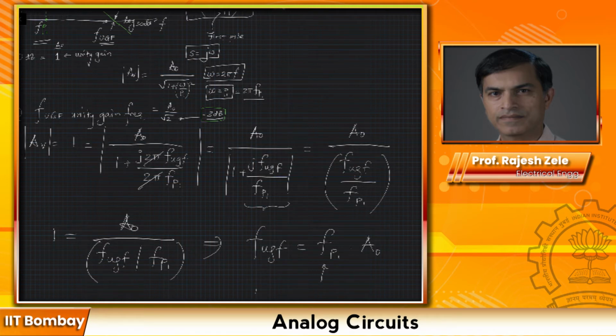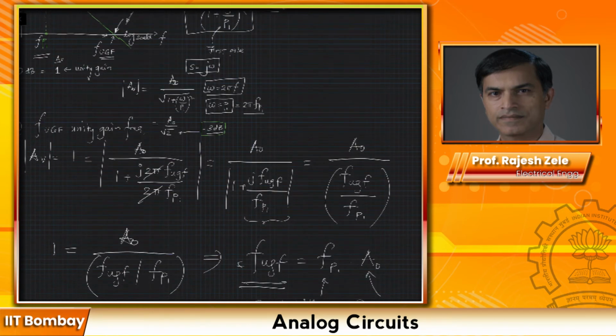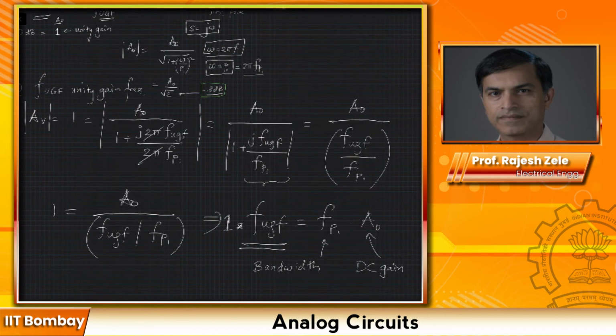What does this tell us? This FP1 represents the bandwidth of the amplifier. Bandwidth is the frequency where the gain drops by 3 dB. A0 represents the DC gain of the amplifier. And f UGF is this frequency that is given. At that frequency the gain is equal to 1.